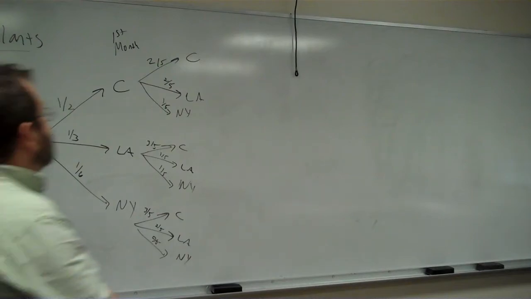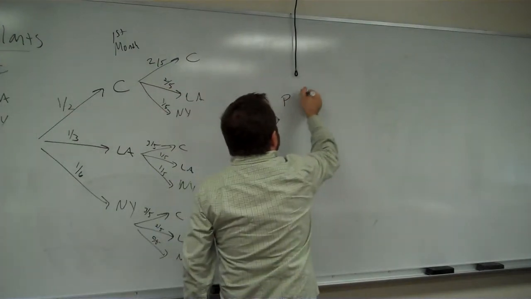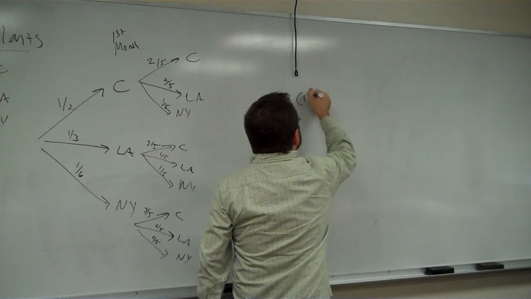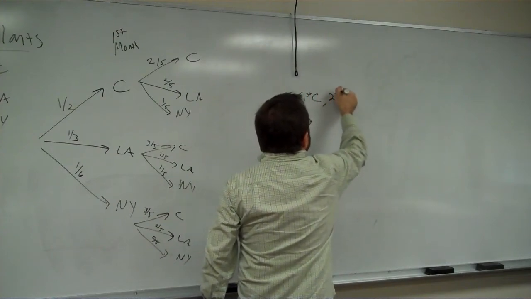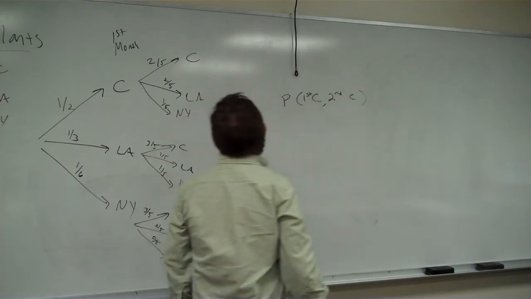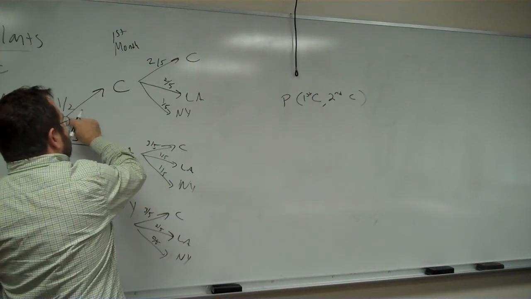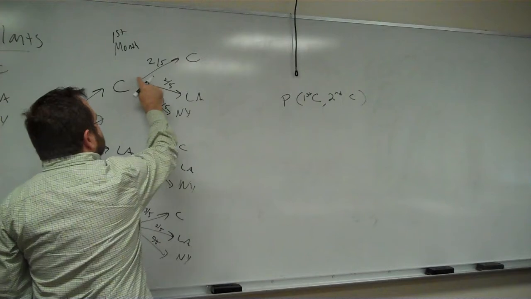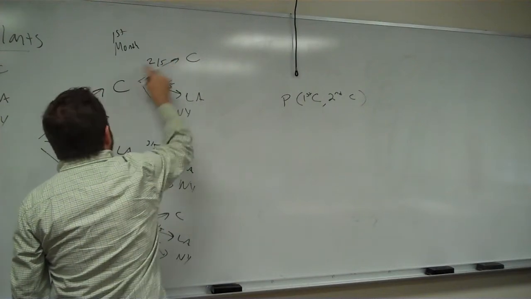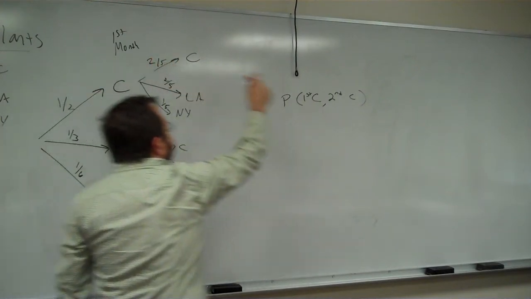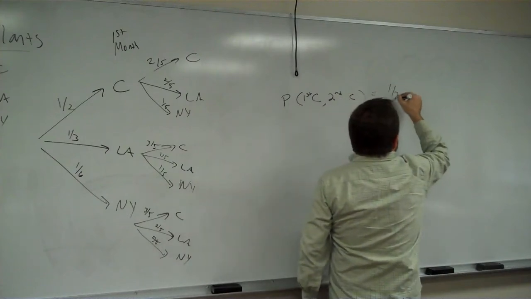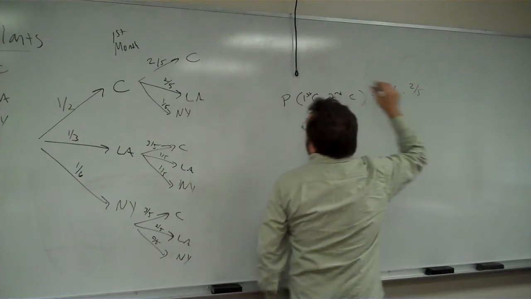For example, what is the probability we're going to go to Chicago first, Chicago second? It's going to be 1/2, and then we're going to multiply it by this branch. 1/2 times 2/5. See, here's the deal.